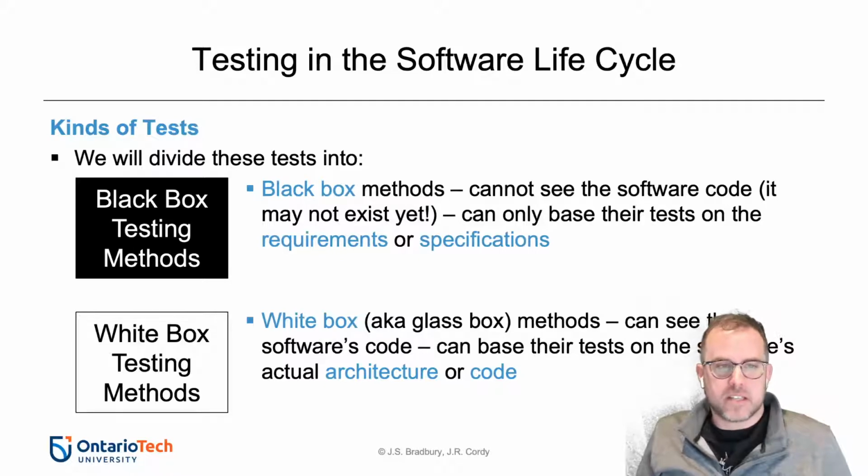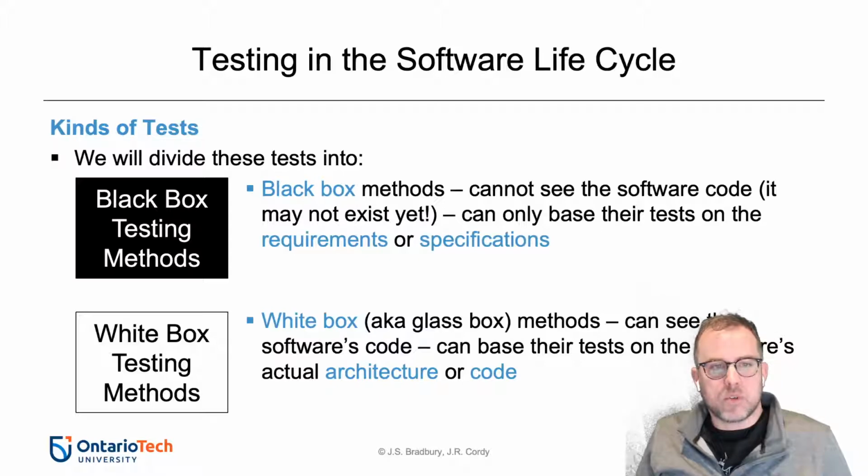Now, white box tests, on the other hand, or white box methods, are types of testing where you can rely on insight into how the software is implemented to help you do your testing.